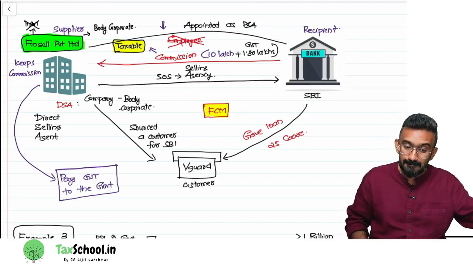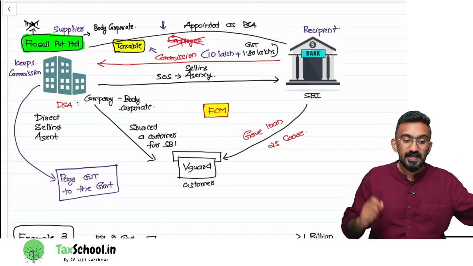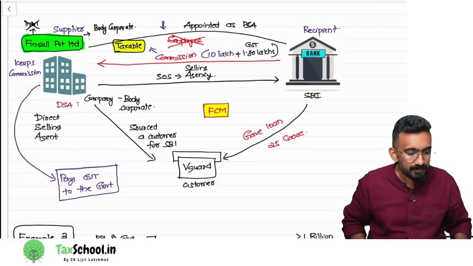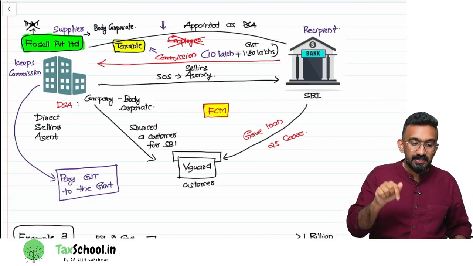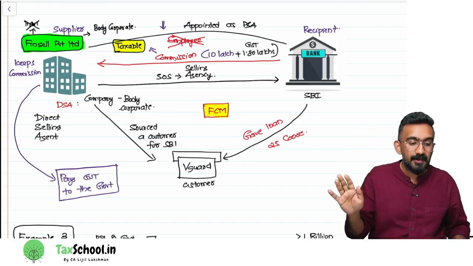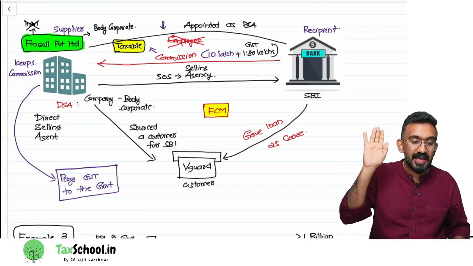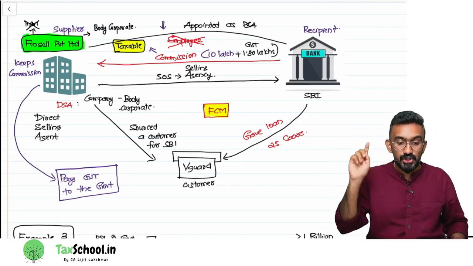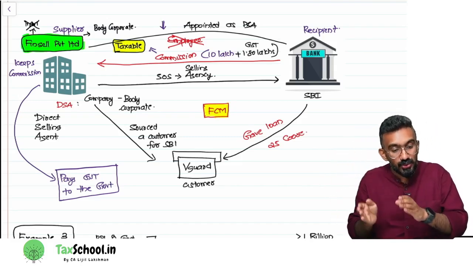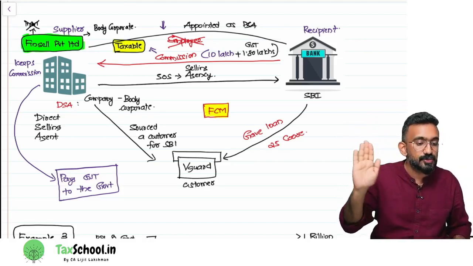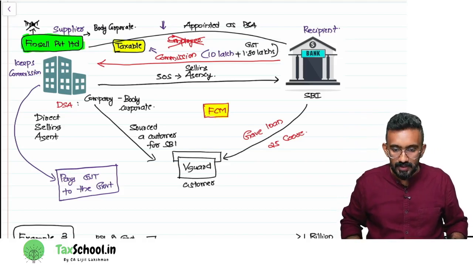No. Why? Because here the direct selling agent is not an individual, it is a private limited company. Is the RCM that we have looked at a conditional RCM or general RCM? It's a conditional RCM. When will it be paid by the bank? Only if the direct selling agent is an individual. Here it's a private limited company. So here the bank will pay GST also to the company, and the company will pay GST under the forward charge mechanism, the normal method. Is it clear to all of you?